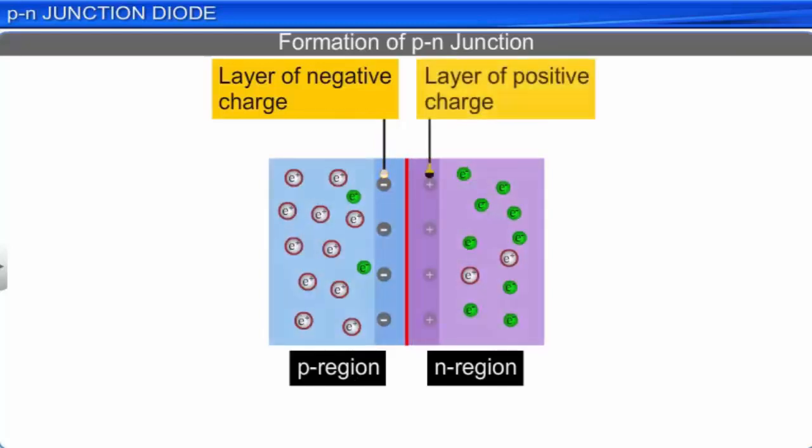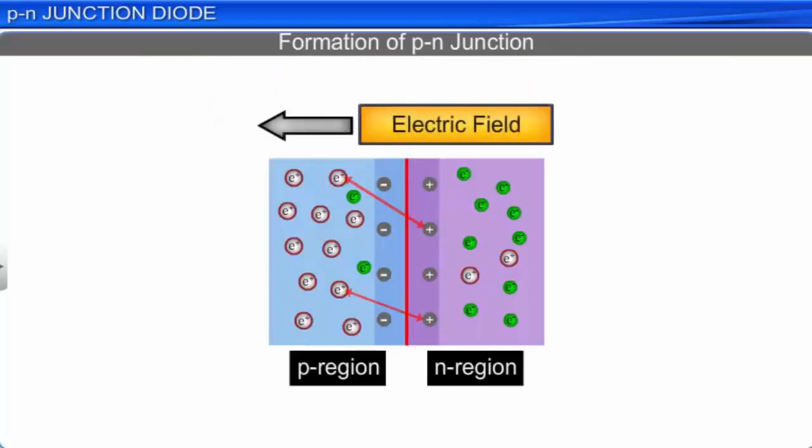The layer of stationary negative charges towards the p side opposes the diffusion of electrons from the n side. Similarly, the layer of stationary positive charges towards the n side opposes the diffusion of holes from the p side. This creates an electric field near the junction, which is directed from the n side to the p side.